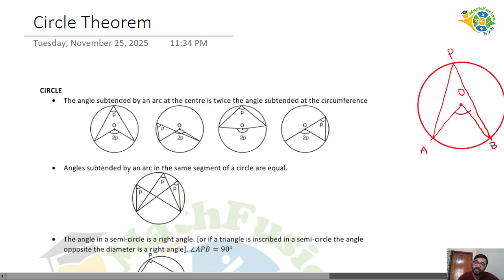So the theorem tells us if the size of angle at circumference is Q, the size of angle at center will be 2Q. That means double. If angle at circumference is 50, the angle at center will be 100. Okay.